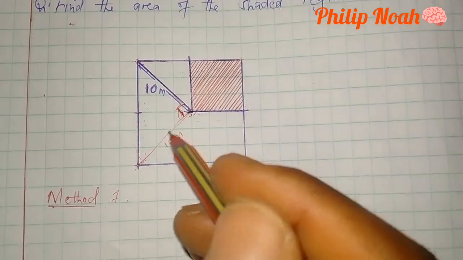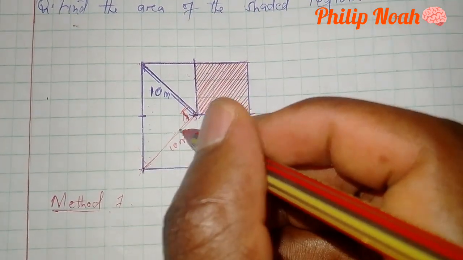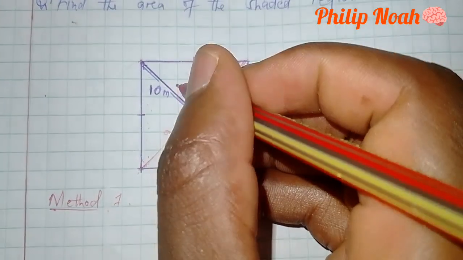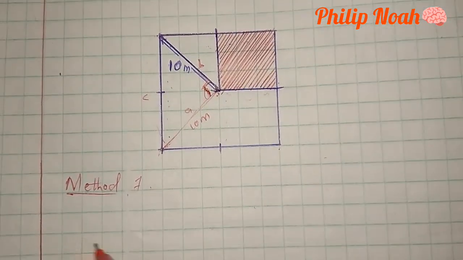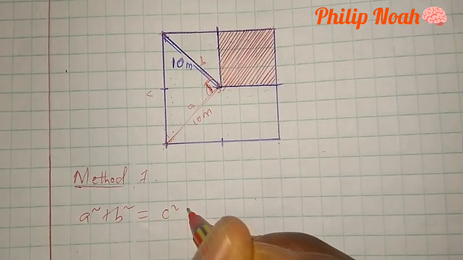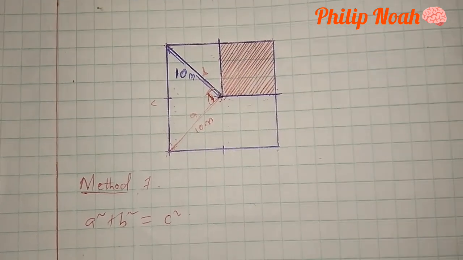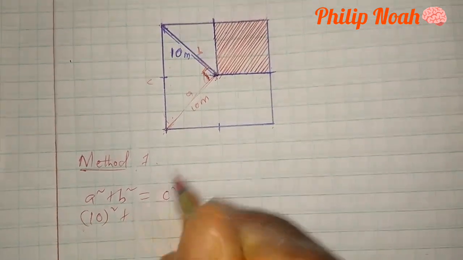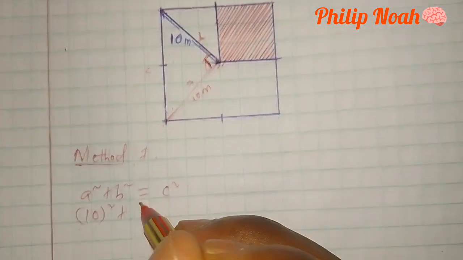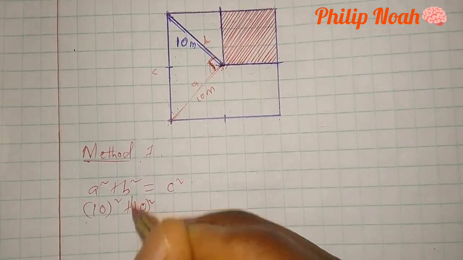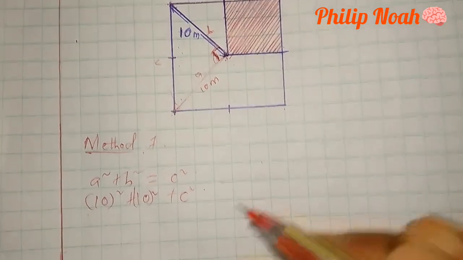So we shall use Pythagoras theorem, taking this as A, this B, and this C. A squared plus B squared is equal to C squared. So 10 squared plus 10 squared is equal to C squared, of which we don't have.